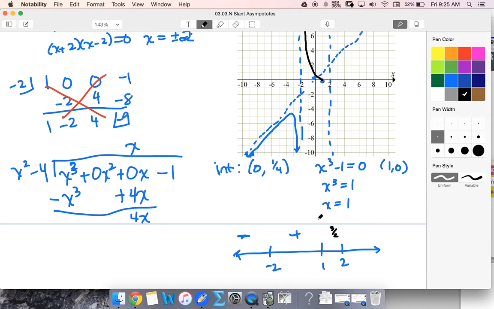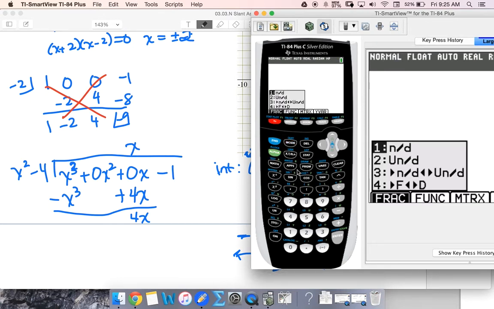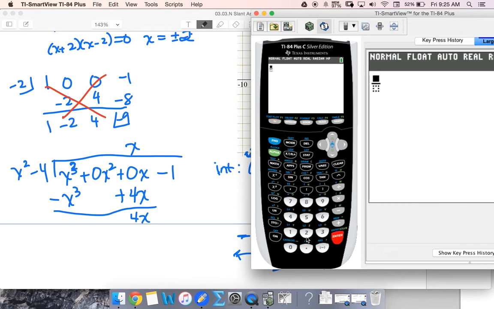So let's go ahead and use our calculator to help us here. So I'm going to make a fraction. And I've got 1.5 cubed, and then we are subtracting 1, divided by 1.5 squared, and subtracting 4.